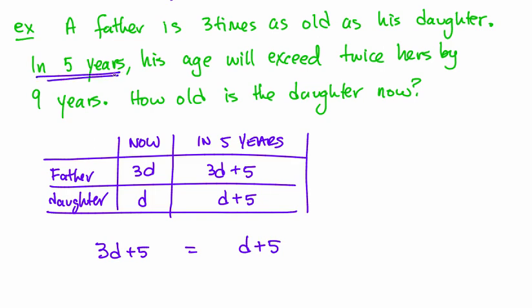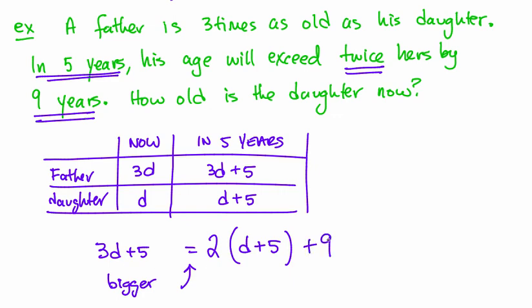So I've done this part of this sentence. His age will exceed twice hers. So I'll have to take hers and double it. That will be twice. And his will still be bigger. So this will still be too big. So to make them equal, I need to deal with this 9 years. If this one's bigger, I need to add the 9 years to this side.